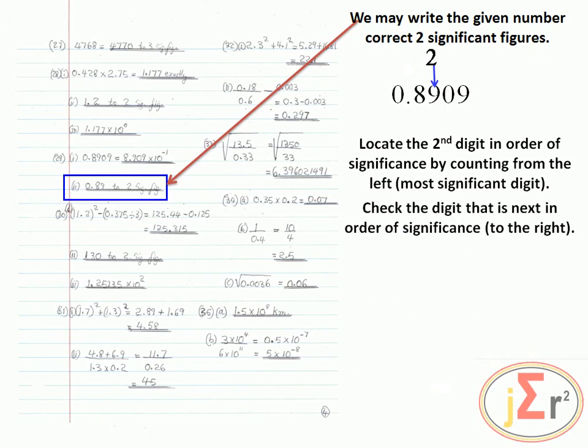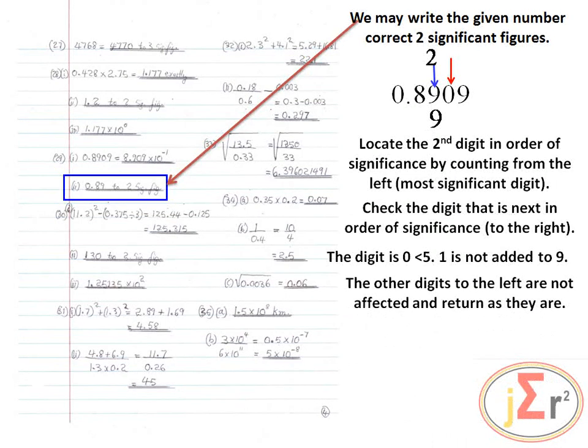Check the digit that is next in order of significance, and that is the one that is located to the right. 0. The digit is 0, which is less than 5. 1 is not added to 9. The other digits to the left are not affected and return as they are.